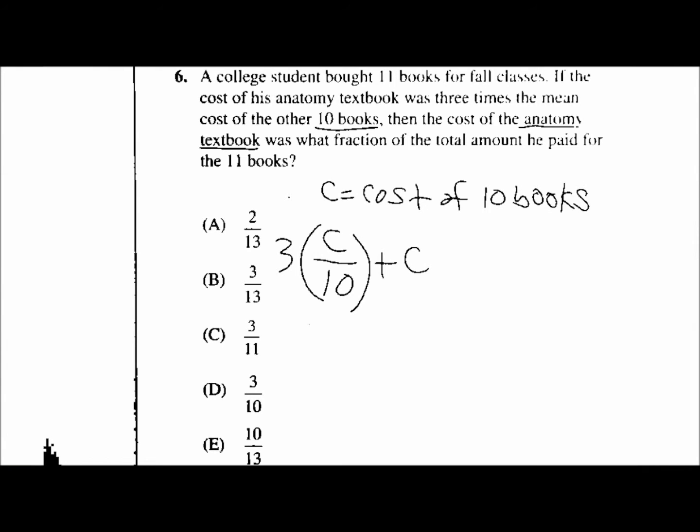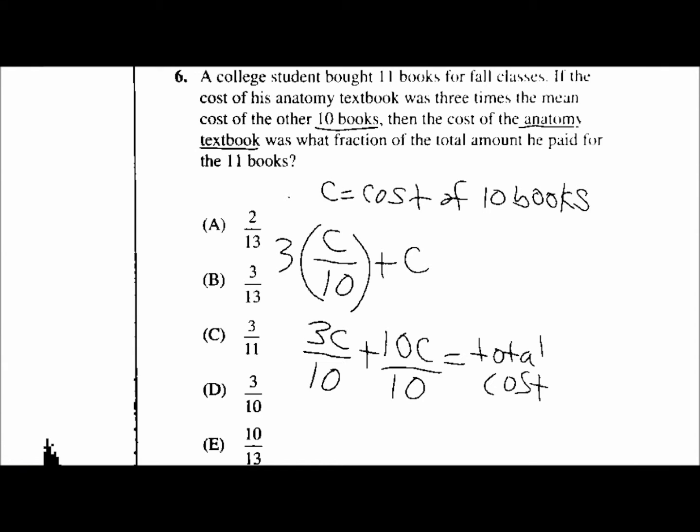I'm going to say 3C over 10, and if I'm going to add it, I have to put this in tenths, and this would be the same as 10C over 10, and we know that's going to be the two items to get the total cost. That's how much it costs for all of the 11 books.